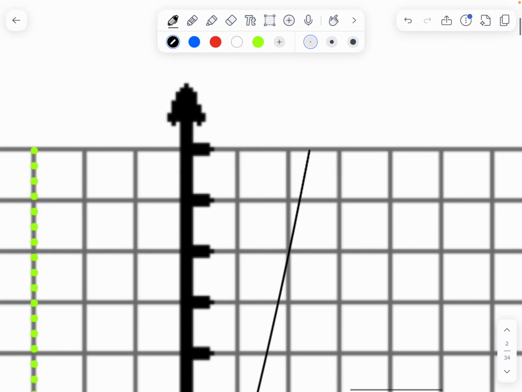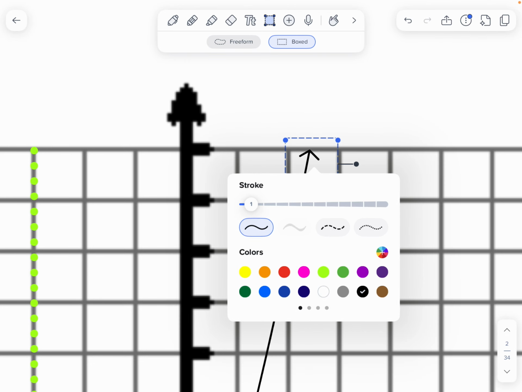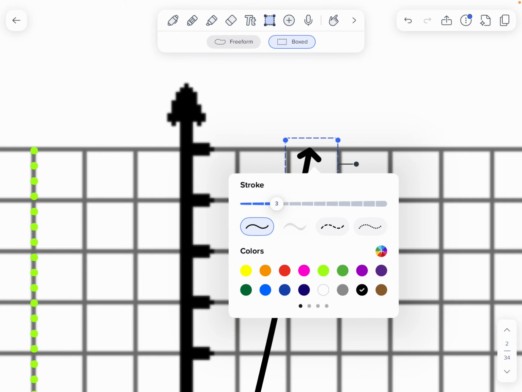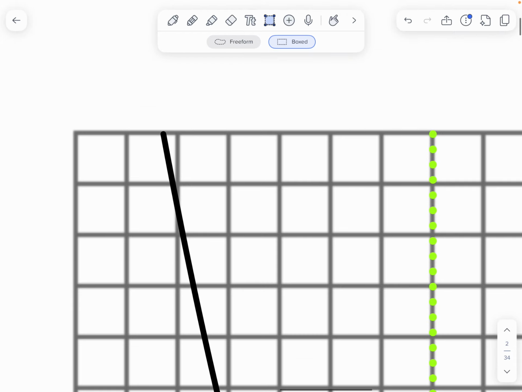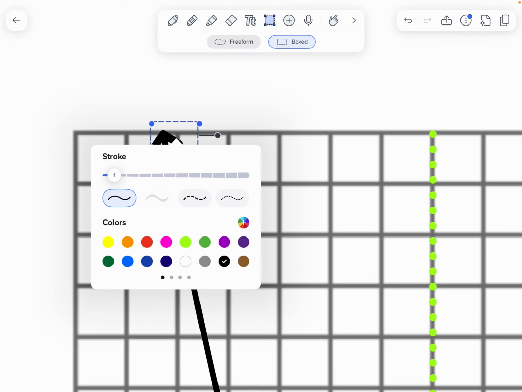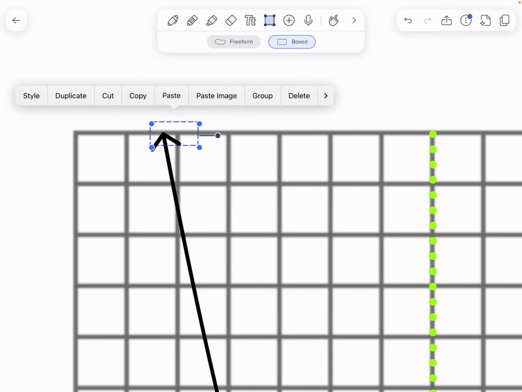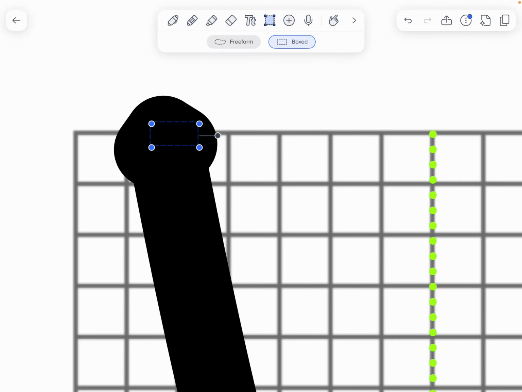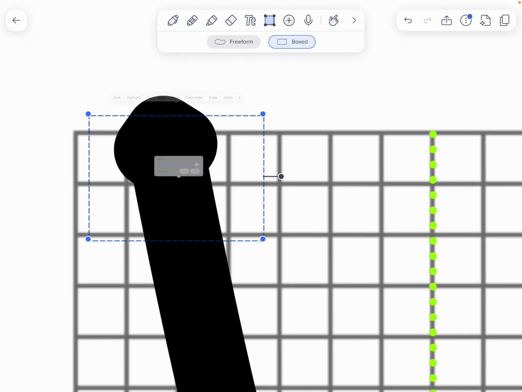Okay, well, we fixed our graph. Dude, what is going on?